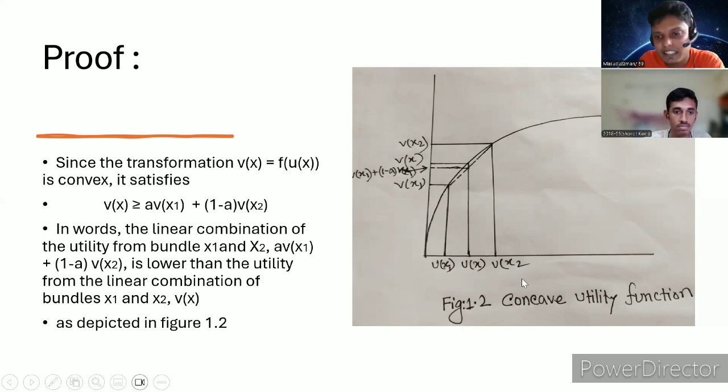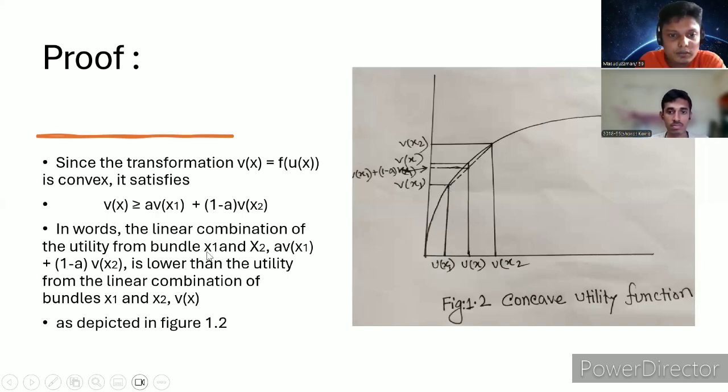In the graph we can see our convex utility curve, where the utility of x1 intersects at this point and the utility of x2 at this point.